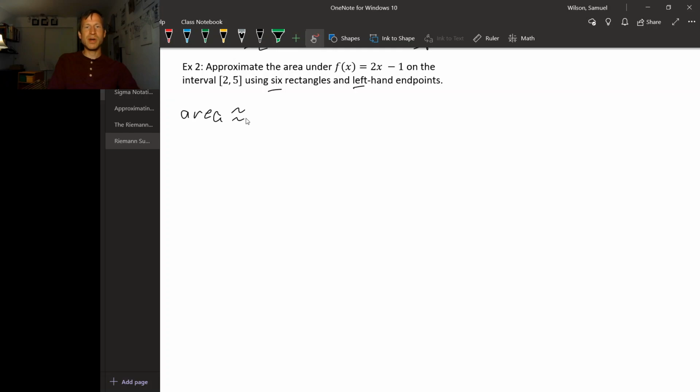The area is approximately, now since we're using left-hand endpoints, our sum is going to start at 0 and go up to n minus 1. And we're going to do f of a plus i delta x times delta x.